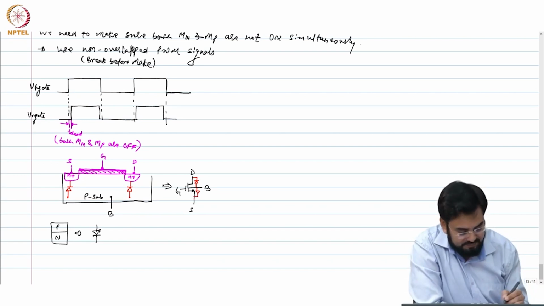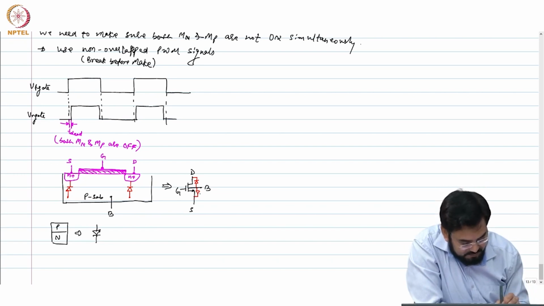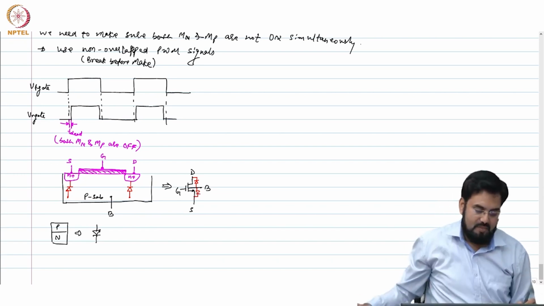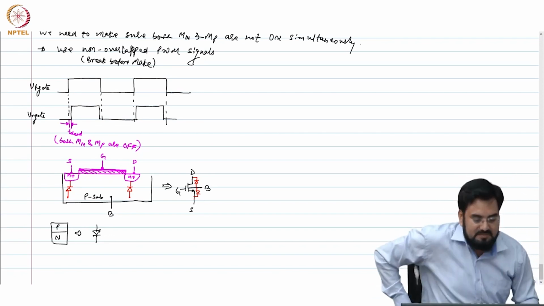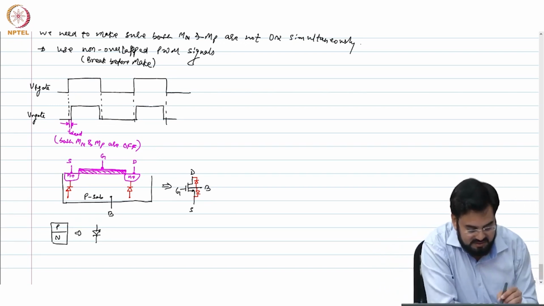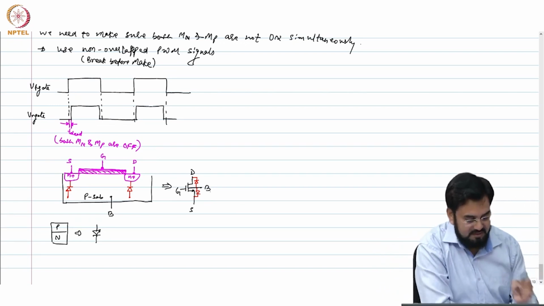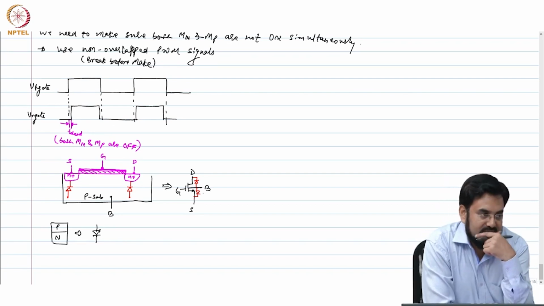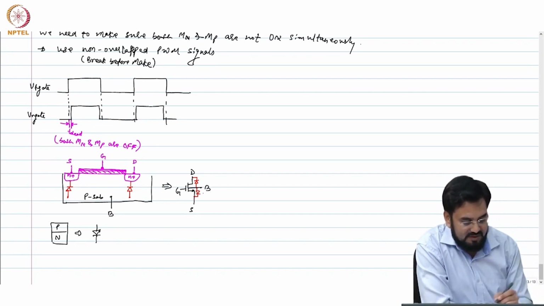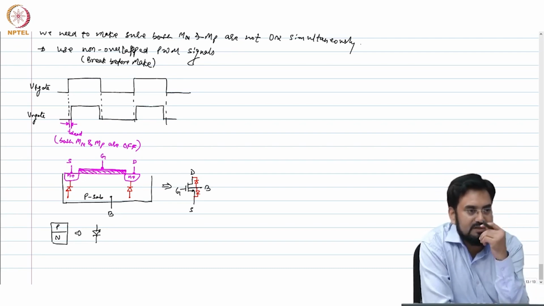Okay. So your P is common to both diodes, which is the substrate, which is your bulk or body. So this is called the body diode actually.